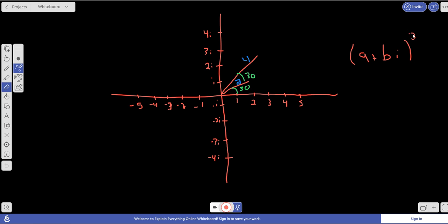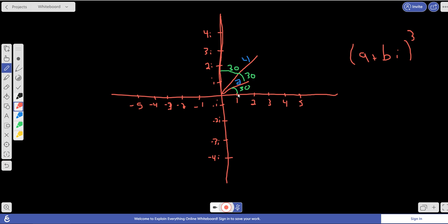Now let's take another example here. Let's say remove our squared here, and let's make it to the 3rd power. So now we had an initial angle of 30 degrees, and now we're going to increment it 3 times. So we're going to have one 30 degrees, a second 30 degrees, and one more 30 degrees, and we're going to have a completely vertical line.